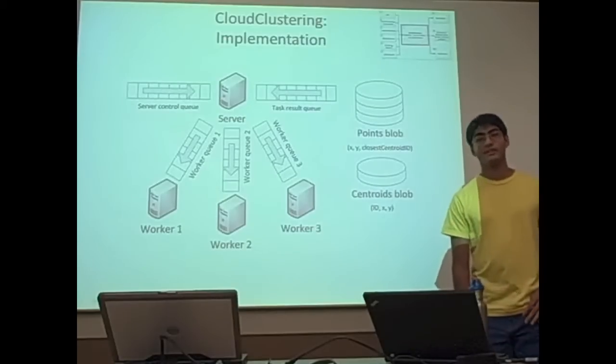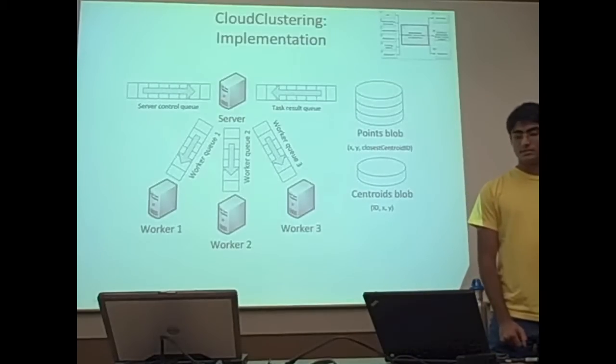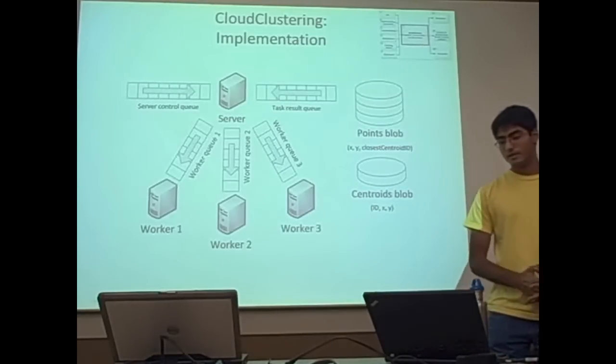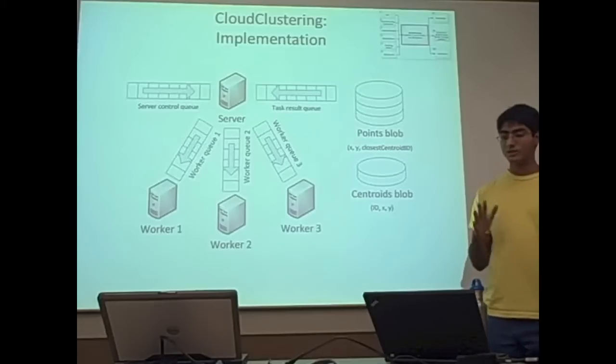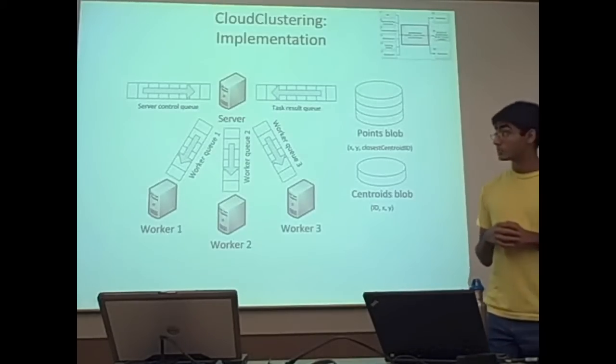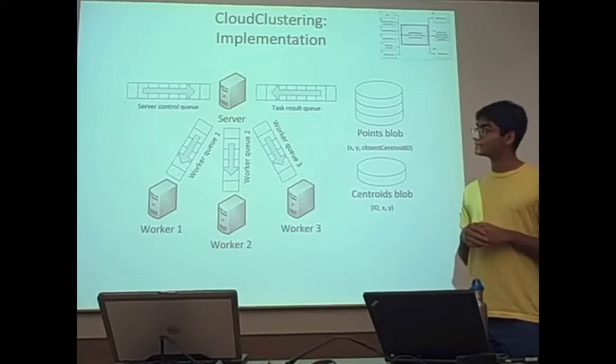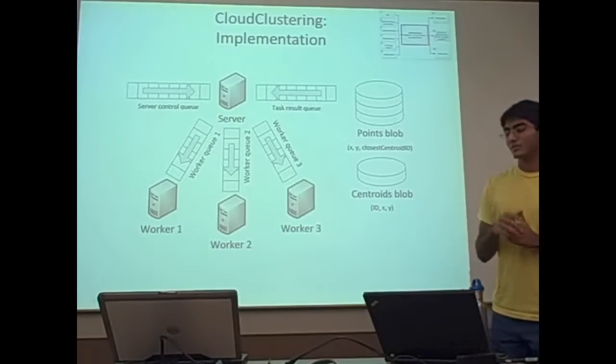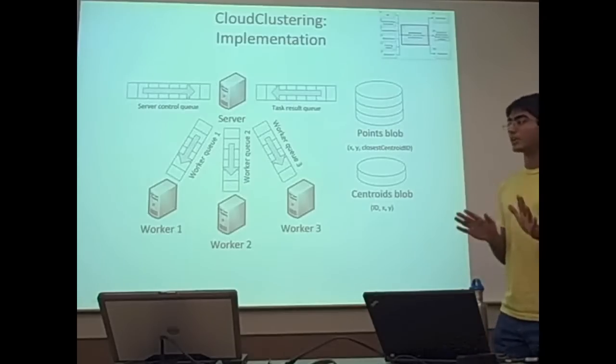So here's how CloudClustering actually implements this parallel algorithm on Azure. I'll walk you through how each step of the algorithm maps to this Azure diagram. Sure. So the worker gets one centroid with all its points, or you partition by points? That's a great question. Partitioning is completely arbitrary.